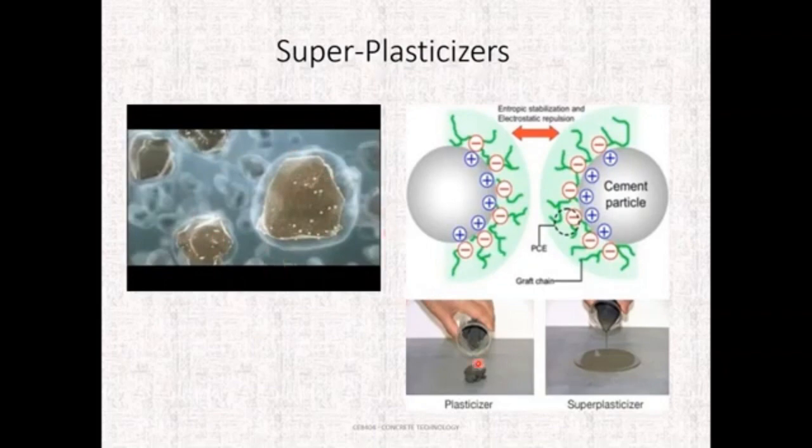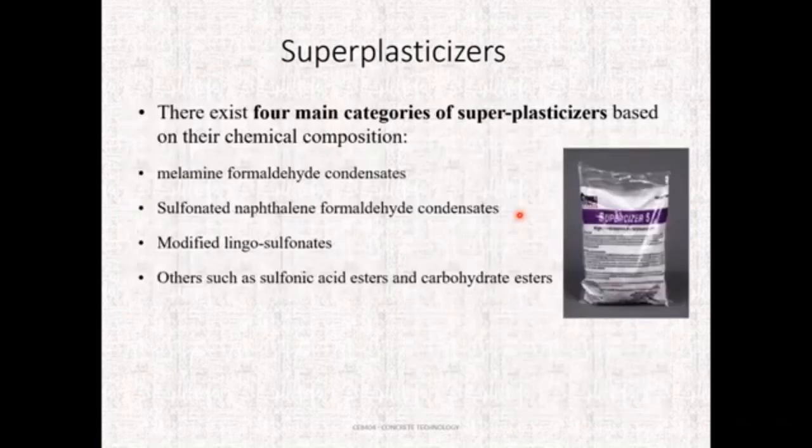This slide shows the effect of the superplasticizer. Here we can see the concrete is in a plastic state. Here we can see the effect of the superplasticizer. It is mainly due to the dispersion effect.